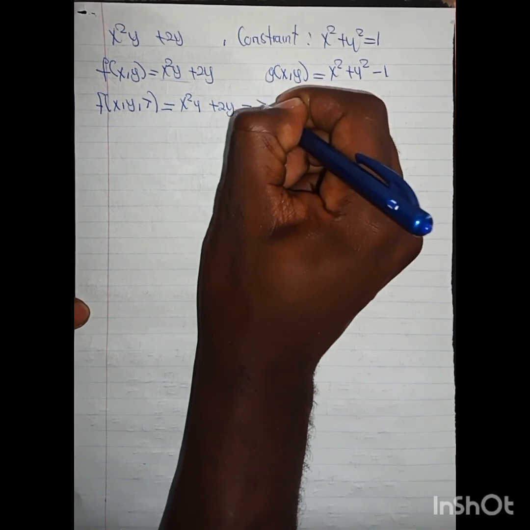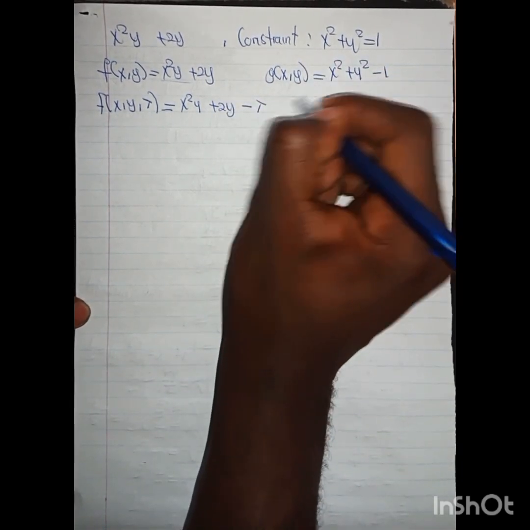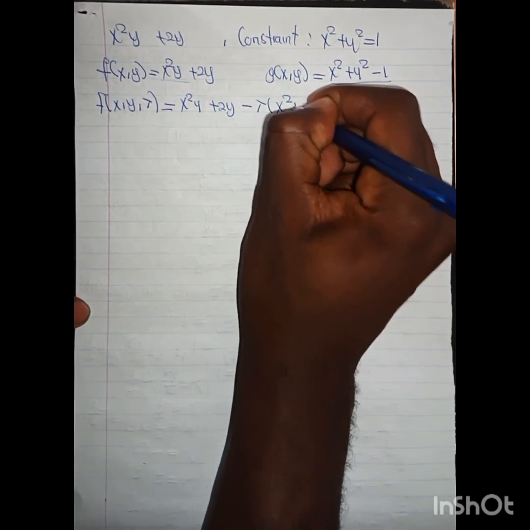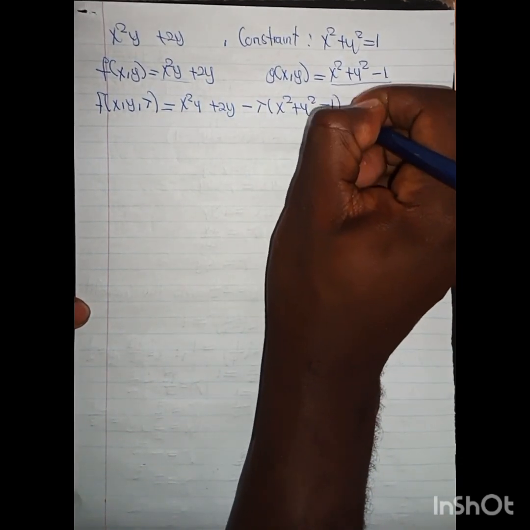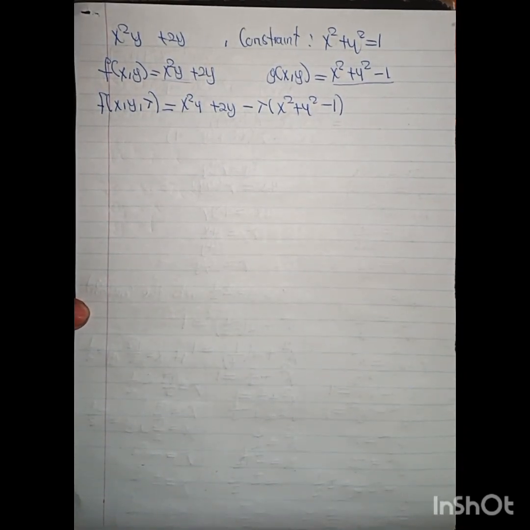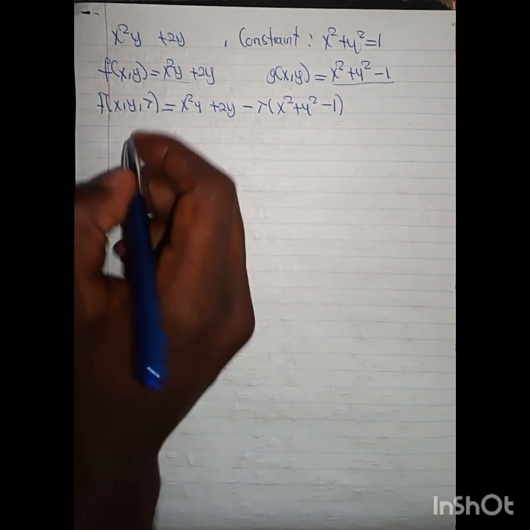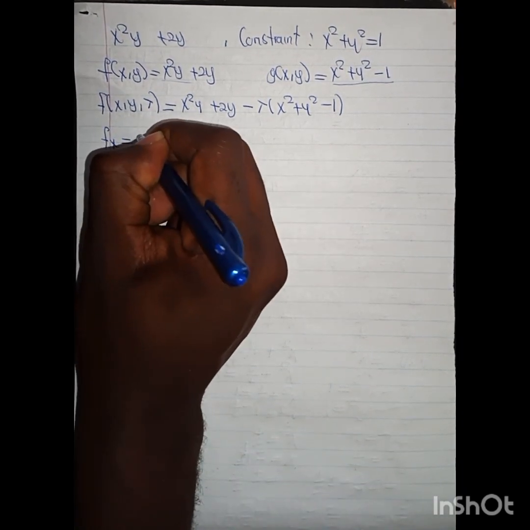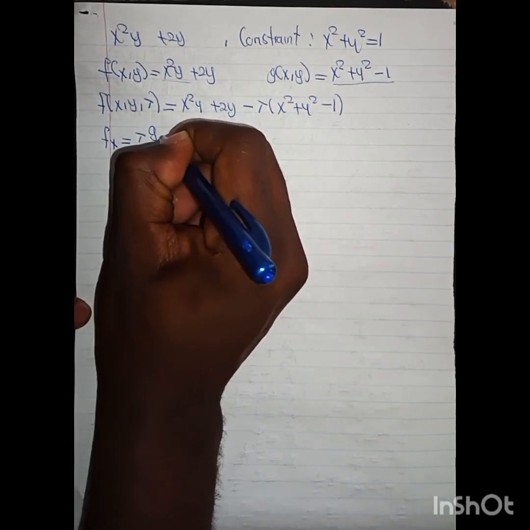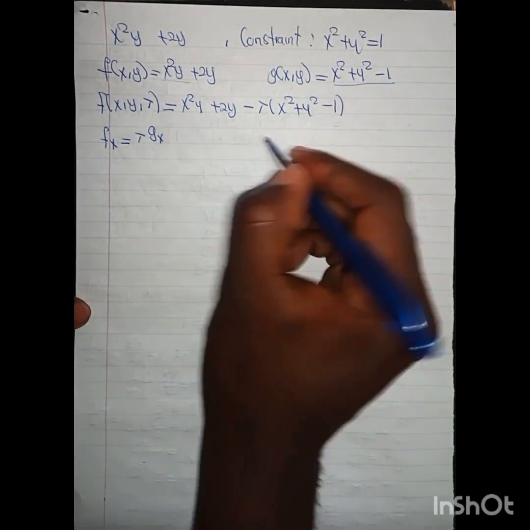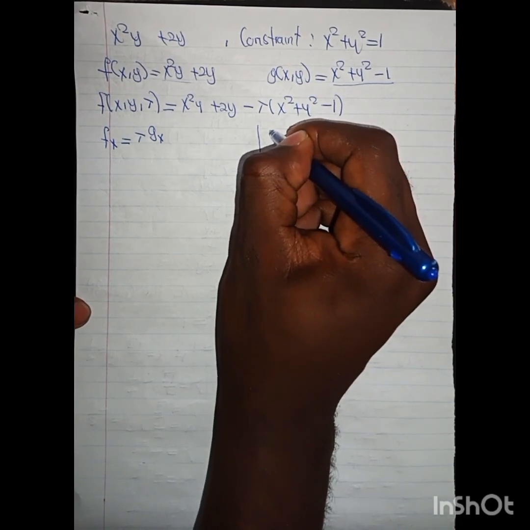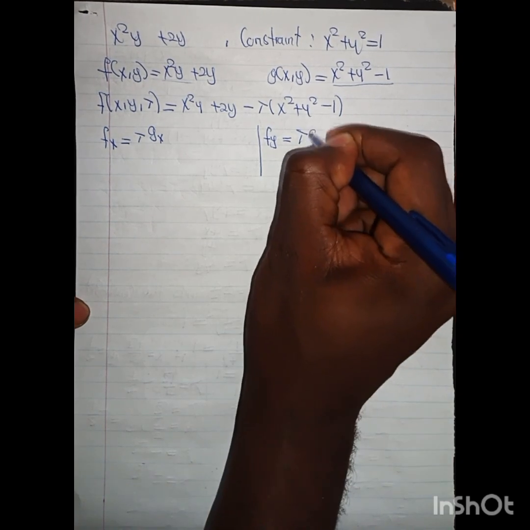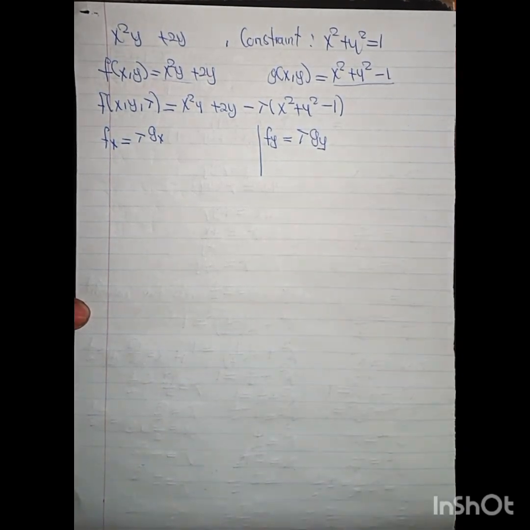We subtract lambda, we multiply the constraint, and this is x squared plus y squared minus 1, like that. So from now on, we have the first equation, f sub x is equal to lambda multiplied by g sub x. We'll use this equation. Then we'll also need f sub y equals lambda g sub y.